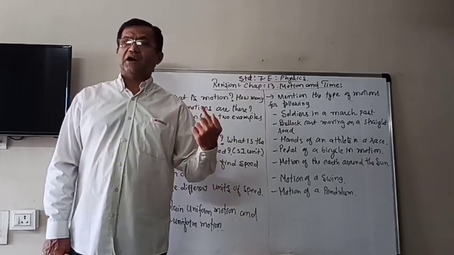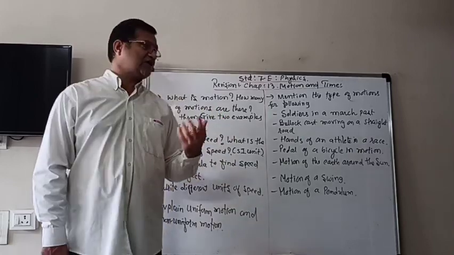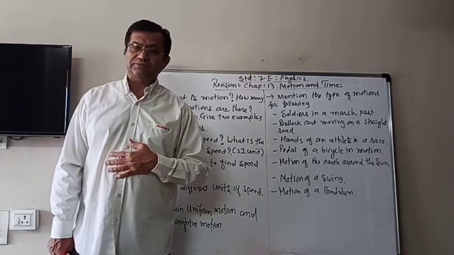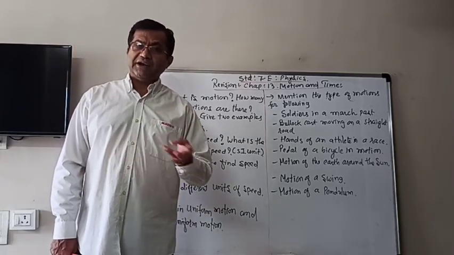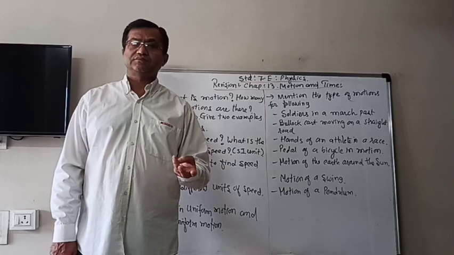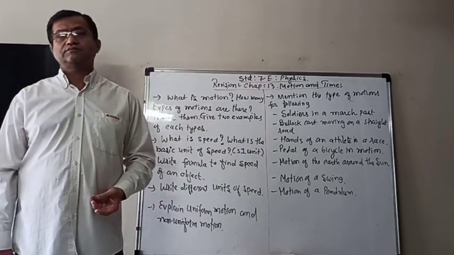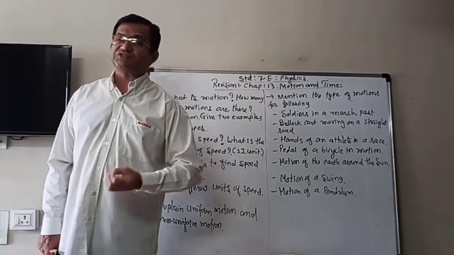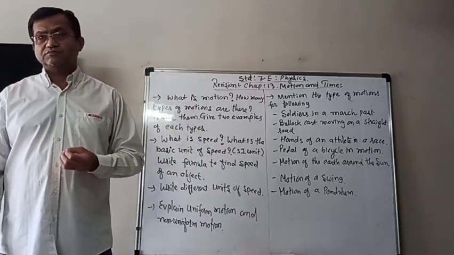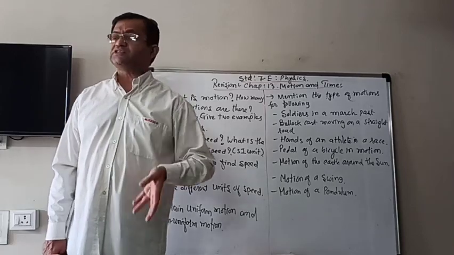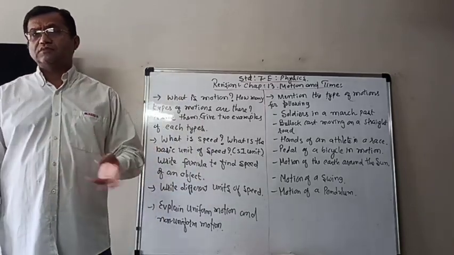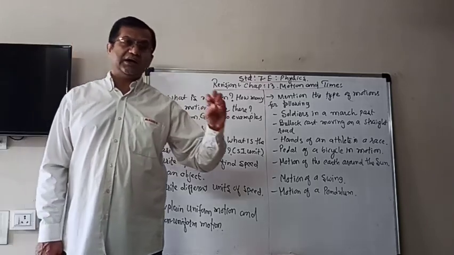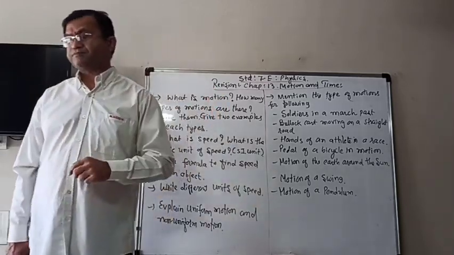The earth revolves around the sun, which is also circular motion. Pendulum, the swing, the seesaw in the garden, etcetera, have oscillatory motion because it is to and fro, or back and forth, along a mean position.